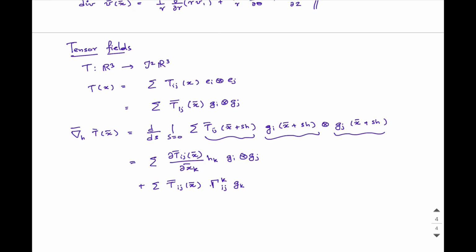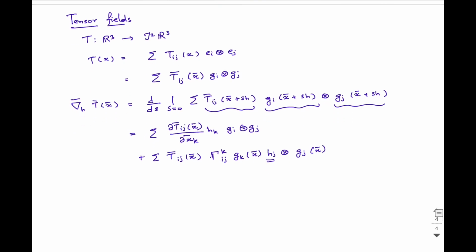Okay, g_k of x bar h_j times g_j of x bar. Okay, notice that h bar is a constant, so it actually comes out of this expression. So it's going to be g_k at x bar, tensor product g_j of x bar, and then there is a final term which is nothing but you take the derivative of the last term, which is g_j.